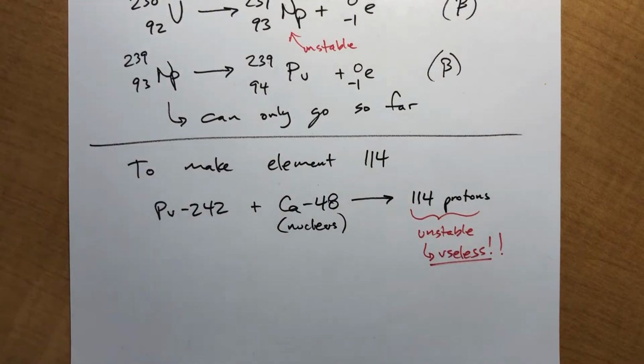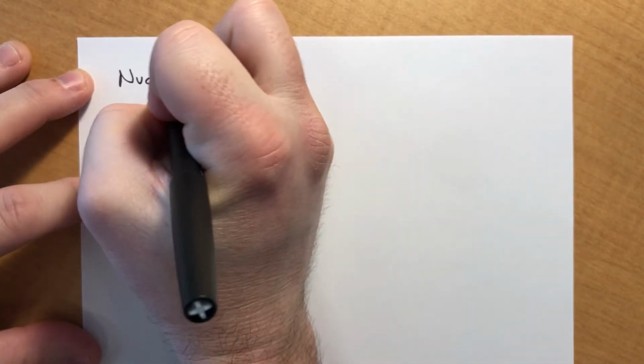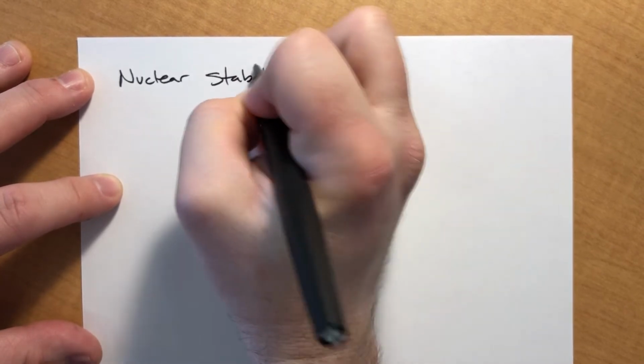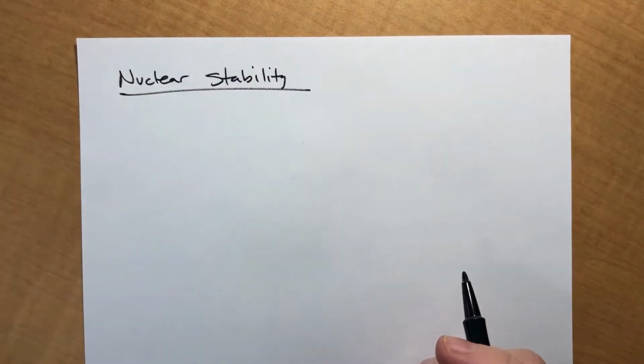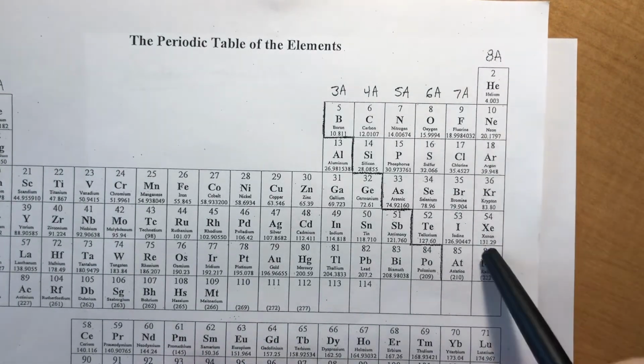All right, let's talk about nuclear stability. So why are some of these things more stable than others? Well, here's the thing about that, it's not as clear-cut as when we talk about electrical stability, electrons. When we talk about stability of atoms based on their electrons, what we generally say is the noble gases are super stable.